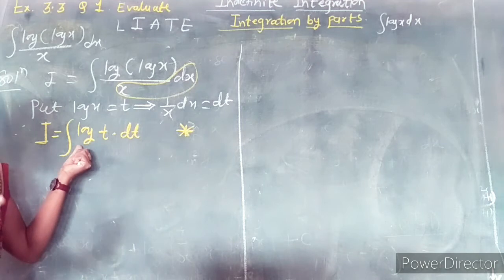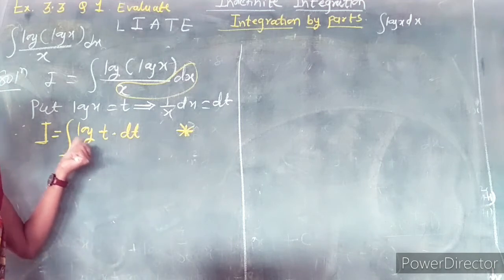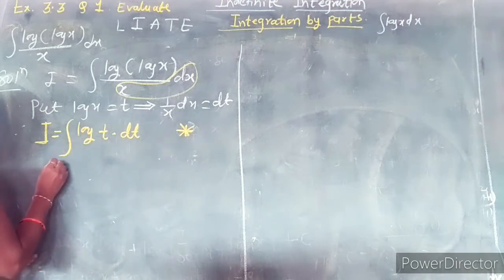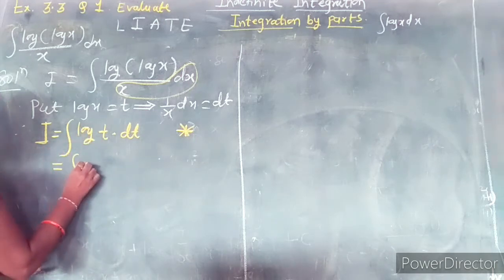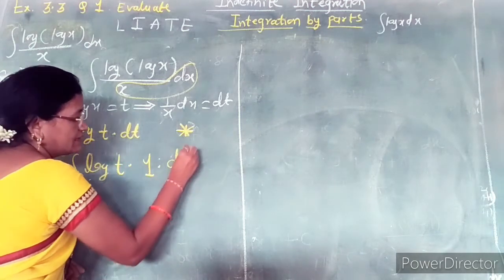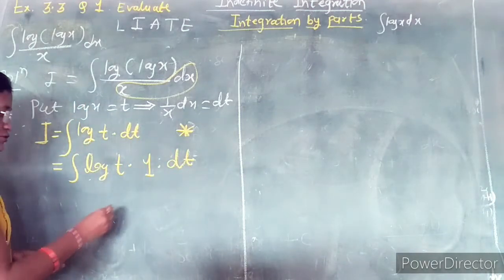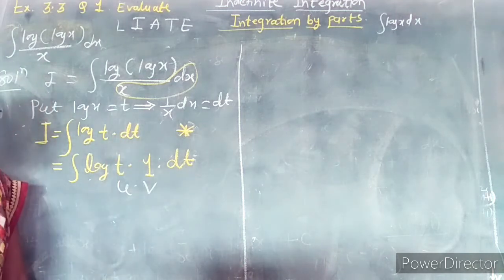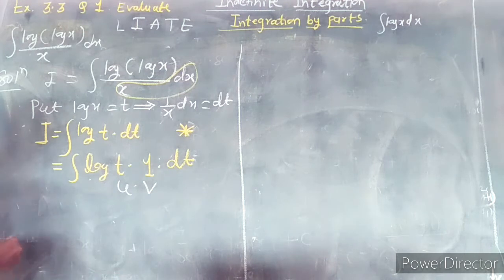There is no result for the integration of log x directly; we can evaluate that as an example. So how do you evaluate this? By writing log t into 1 integral with respect to t, and applying the product rule u into v, there is integration by parts.